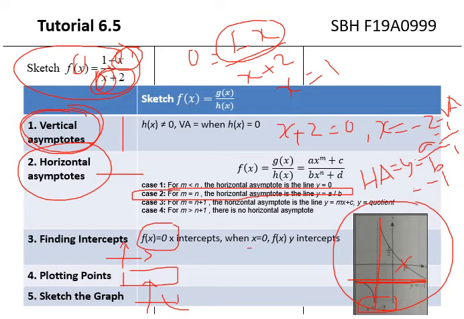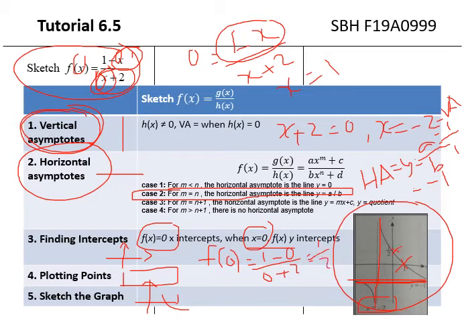And then for the case when x equals 0, what is f(x)? Okay, we write it here. When x equals 0, it equals (1 minus 0) divided by (0 plus 2), which equals 1 over 2 here.